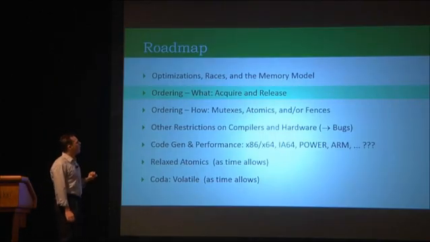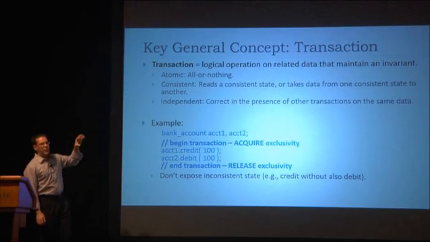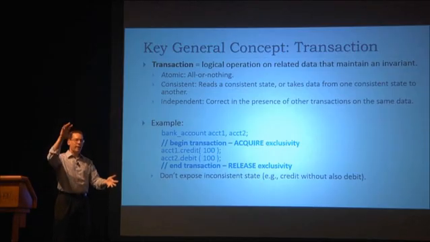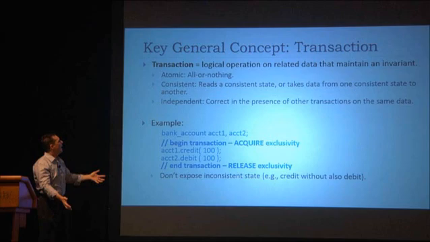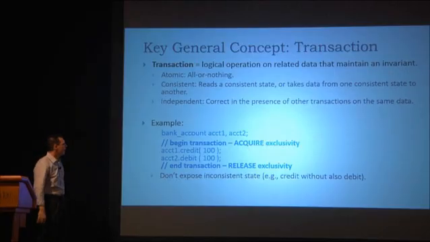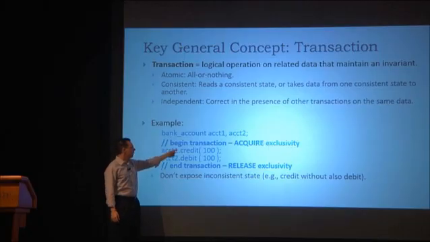So now let's talk about what acquire and release orderings do. First, the key concept is that of a transaction. A transaction says if I take the system from one valid state to another, it better be atomic, take the system from one consistent state to another, and be independent, so if I have two transactions, they don't conflict. An example is, let's say I have two bank account objects, and I credit 100 to one, and I debit 100 from another.